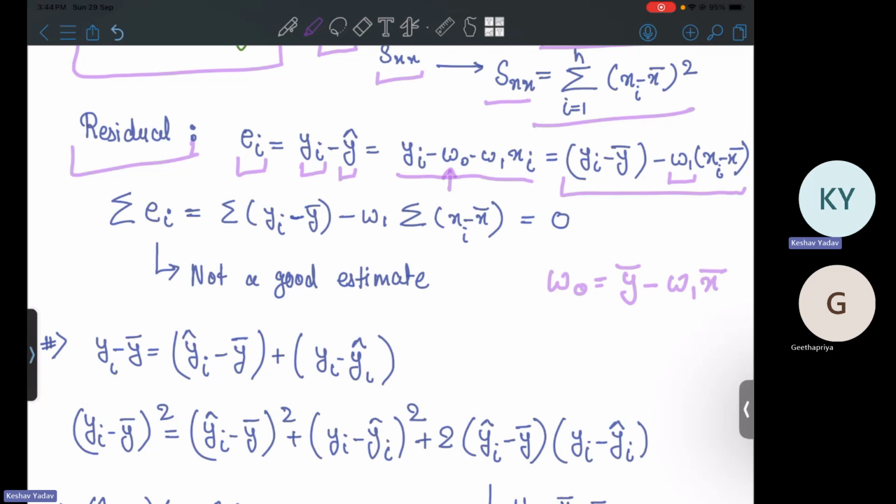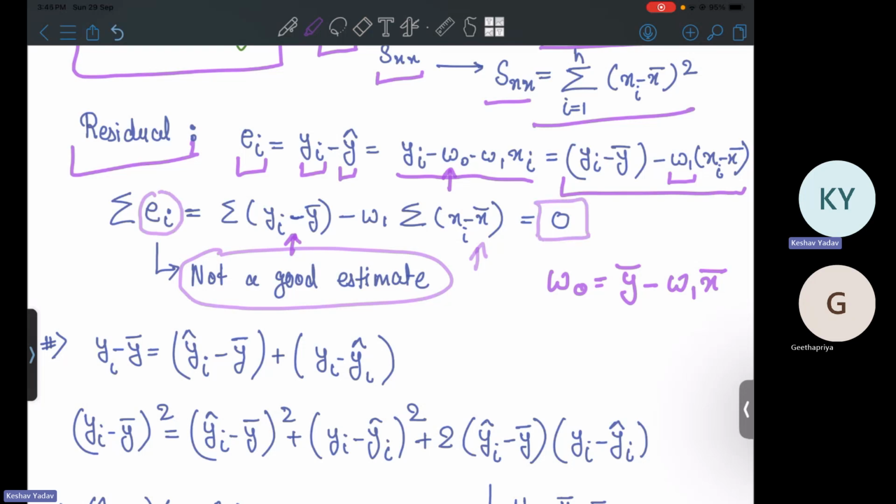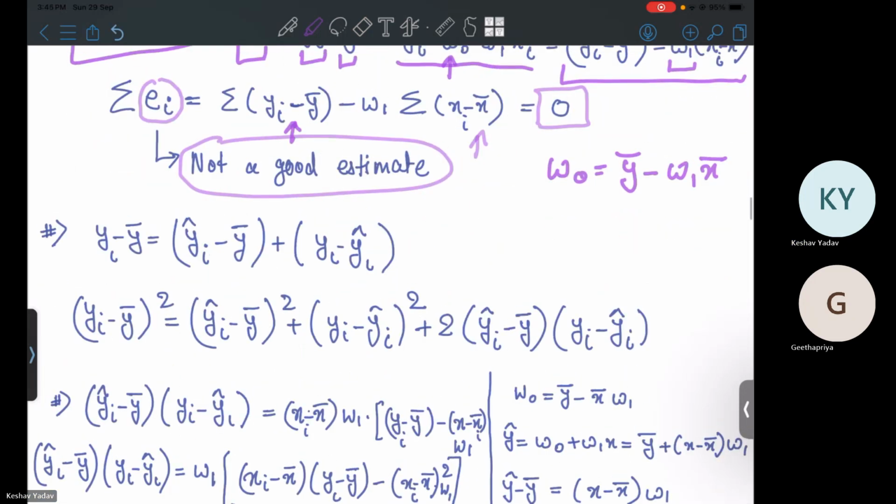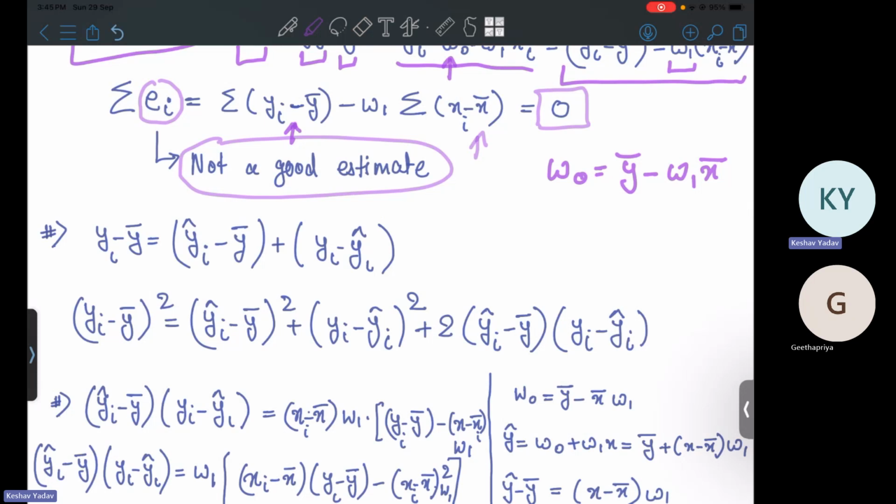If we take the summation, this term will lead to 0, and this term will also lead to 0. So the summation of ei will always be equal to 0. So it means the residual is not giving us correct information about the quality of the regression. We need to go for another method.